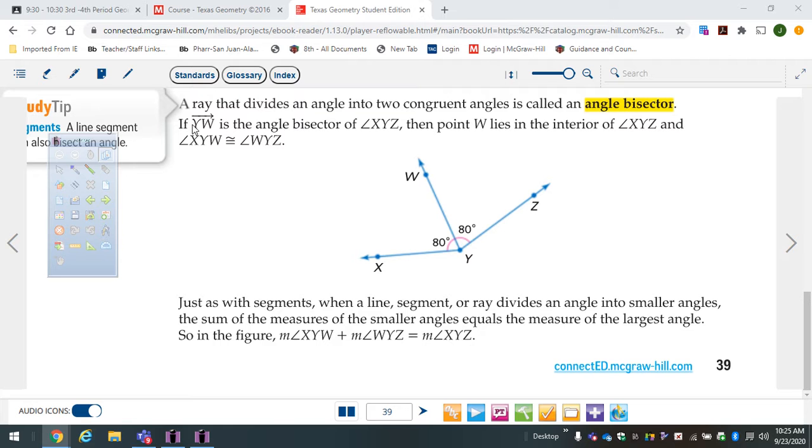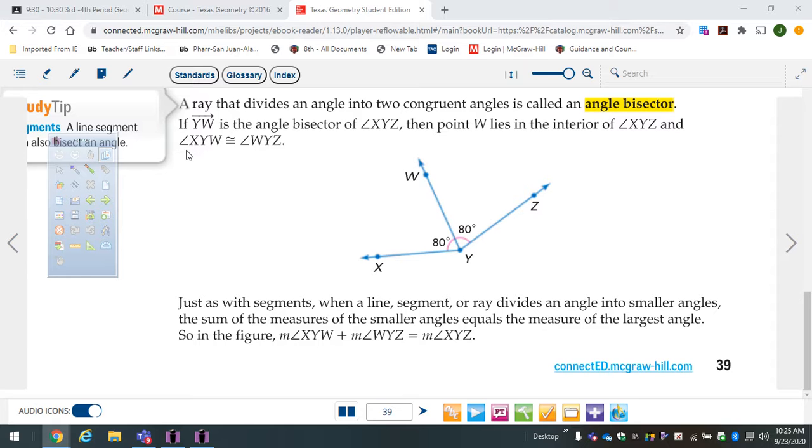If ray YW, you see YW right here, is the angle bisector of angle XYZ, if that one bisects it, then the point W lies in the interior of the angle XYZ, so this has to be in the interior.